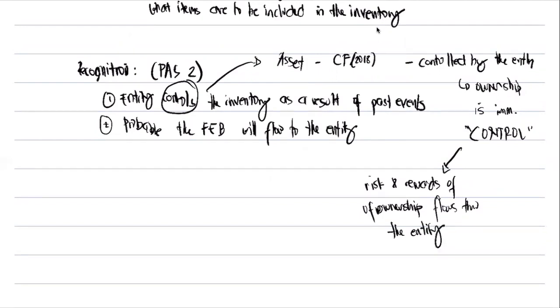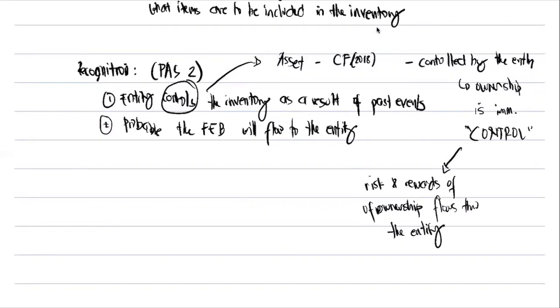So there must be a transfer of risks and rewards of ownership. The entity can direct the risks and rewards as to that particular inventory item. But take note, although the definition here still mentions ownership, we do not base it only on the title over the inventory. We look at the risks and rewards, because you control the asset.